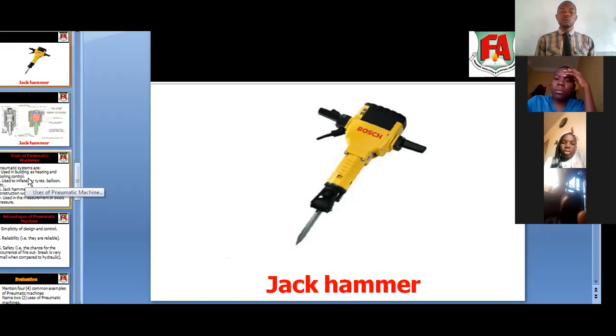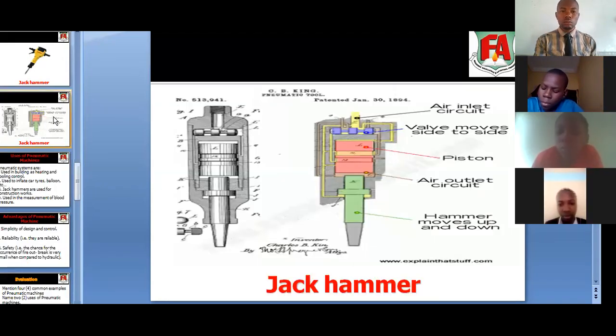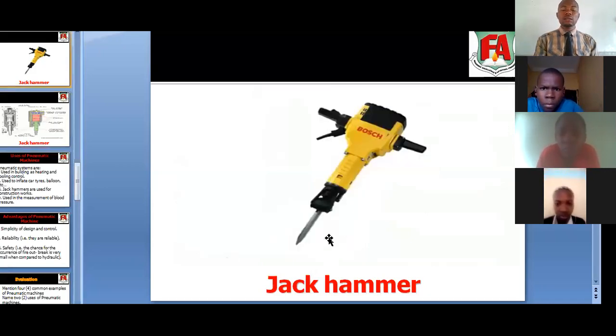Okay, sorry. So the jackhammers have pin mounts? Yes. Can you see? It has a pin mount, right?